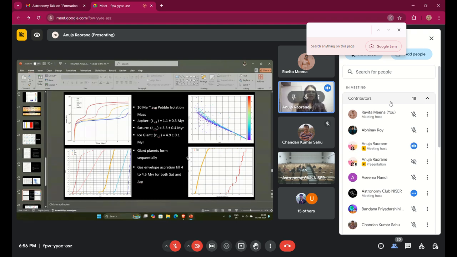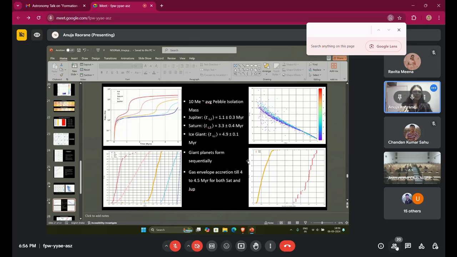So what we did was, we basically track the IDs. Let's say Jupiter ends up as ID number 3 at the end of 5 million years, and we have all the time outputs.